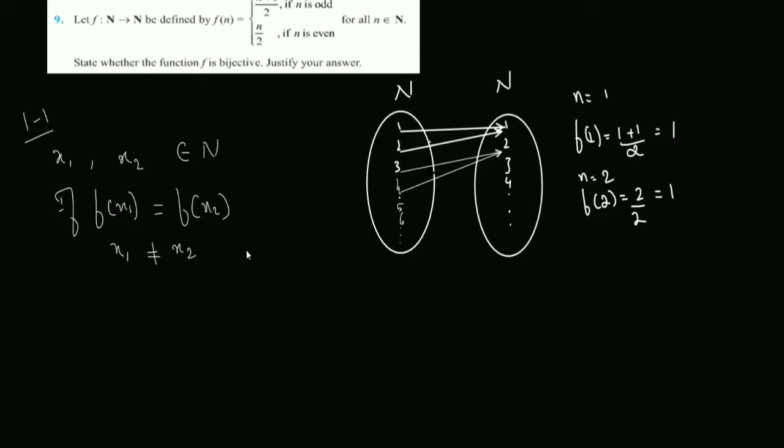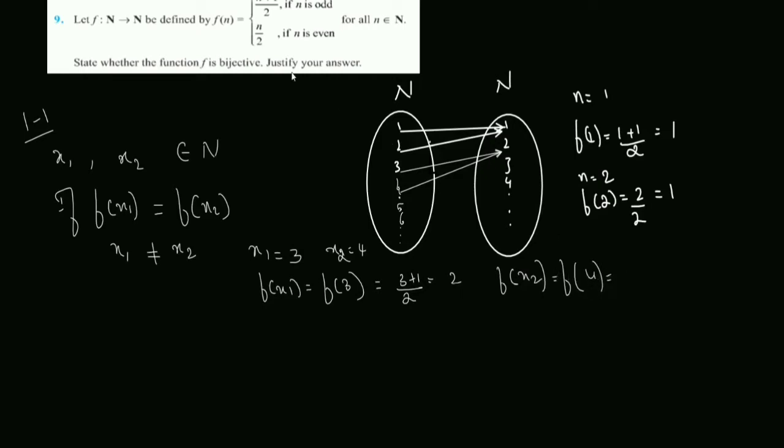So what example can we give? If x1 is 3 and x2 is 4. So f of x1, f of 3, is an odd number, so it is (3 plus 1) by 2, which is equal to 2. f of x2 is f of 4. This is an even number.